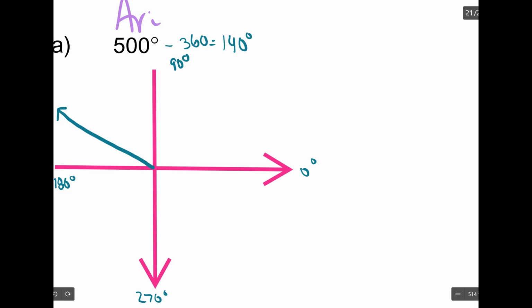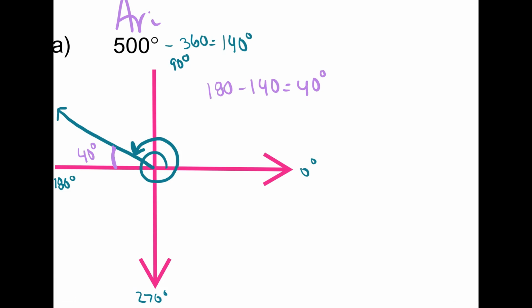Because it was 500, we go all the way around 1 time and then around again. In order to find this angle, we do 180 minus 140, which is 40. So this is 40 degrees. And then just write which quadrant we're in. Can I just do quadrant 2? Yep, that's it. That's all we gotta do.